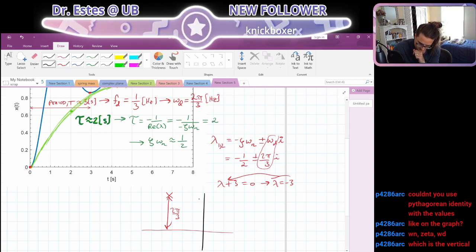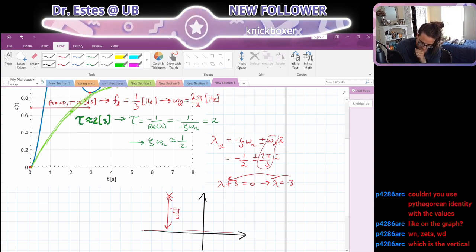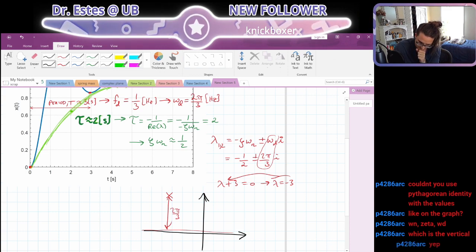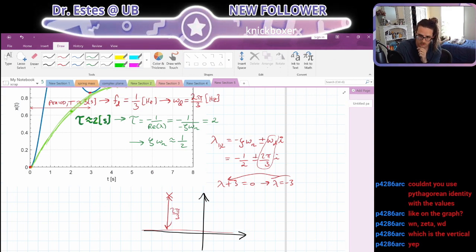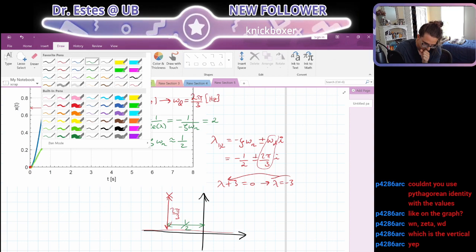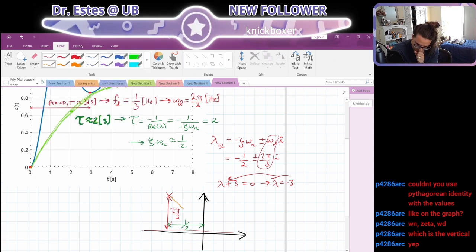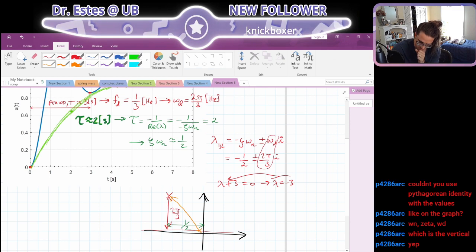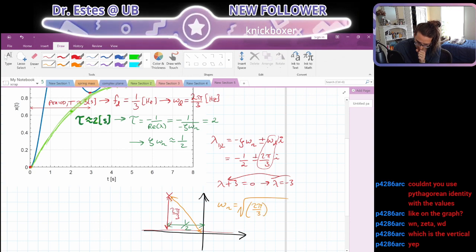Let's say my origin is over here. And then I know this is 1/2. I know omega n is this distance. So omega n is the square root of (2 pi over 3) squared plus (1/2) squared.